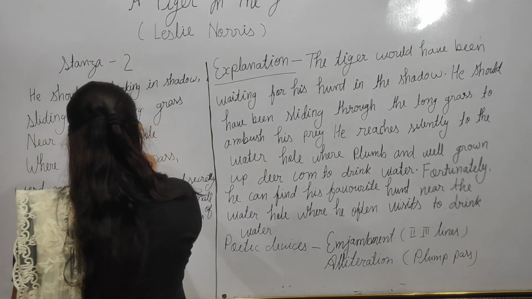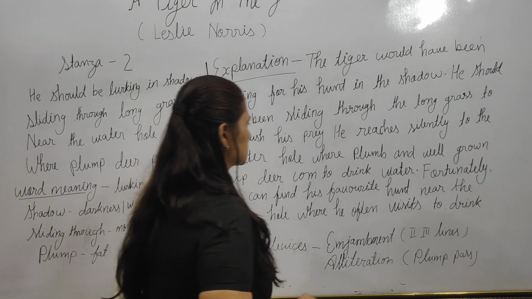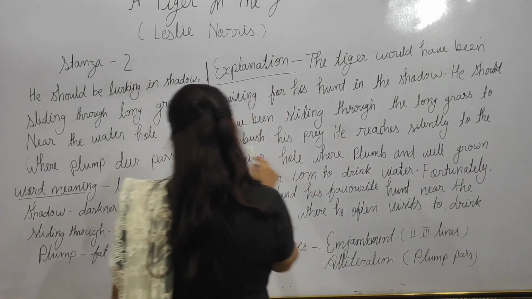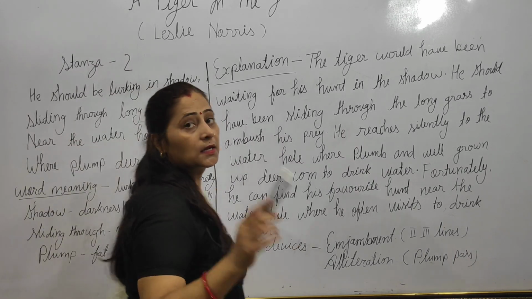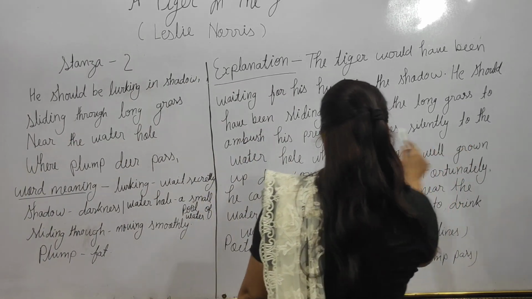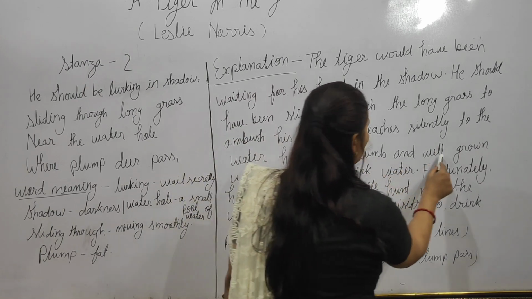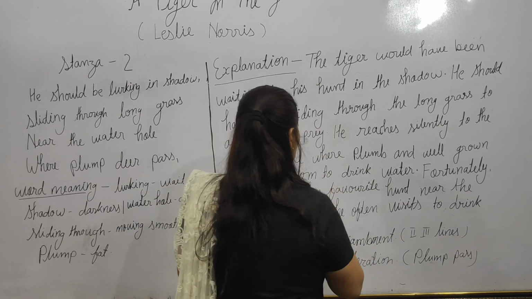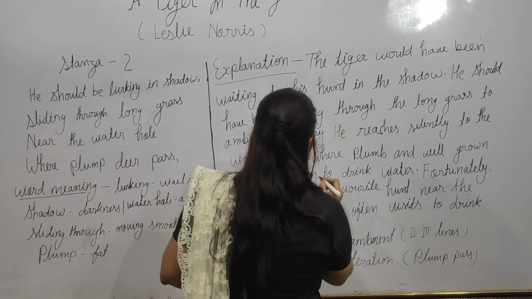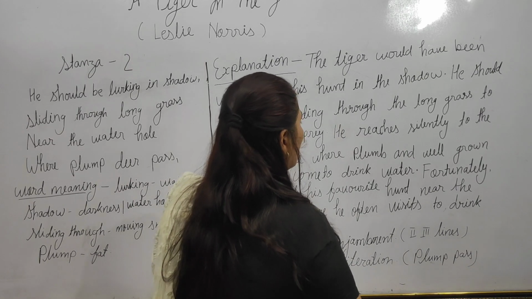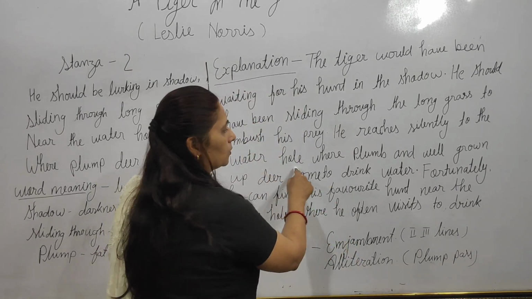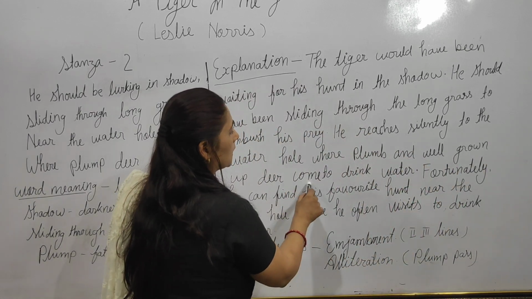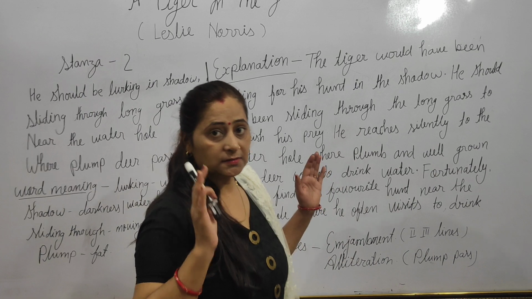At last, near the water hole where plump deer pass, he reaches silently to the water hole, where plump deer and well grown deer come to drink water. Plump deer means fat deer.